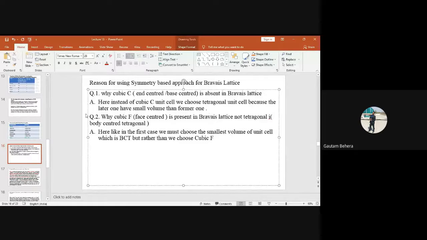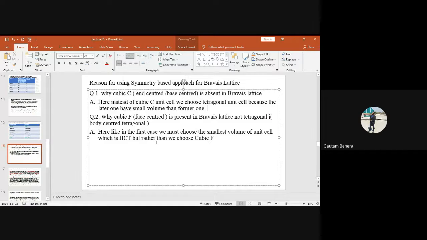The second question is this one. Why is cubic F face centered present in Bravais lattices, not tetragonal I, body centered tetragonal? Here, like in the first case, we must choose the smallest volume unit cell, which is BCT.